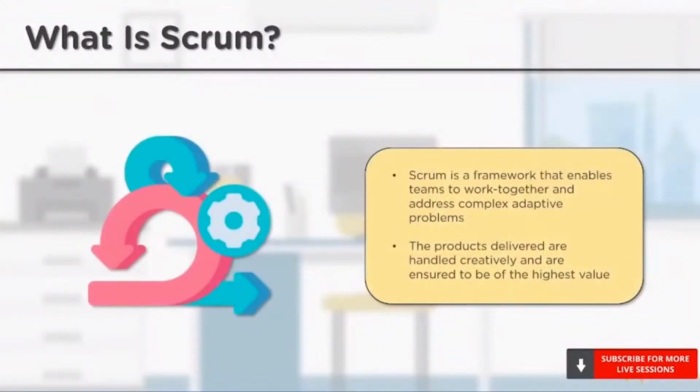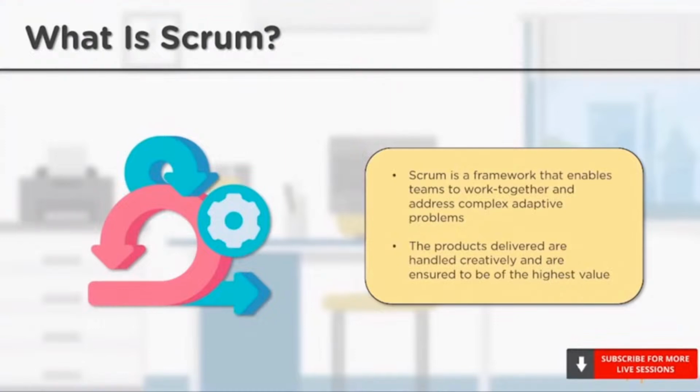Now, let's have a look at what Scrum is. Scrum is a framework through which teams can work together with the help of sprints. Sprints are events that are time-boxed and are usually of 2 to 4 weeks length. Scrum enables teams to learn from their experiences, self-organize and work on their problems, reflect on their successes and losses for improvement.